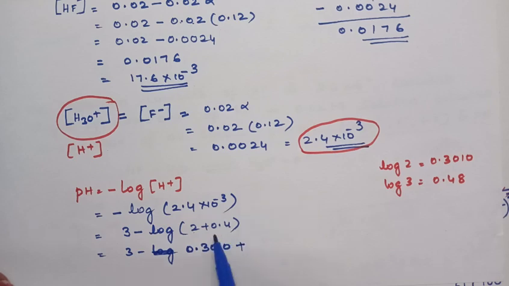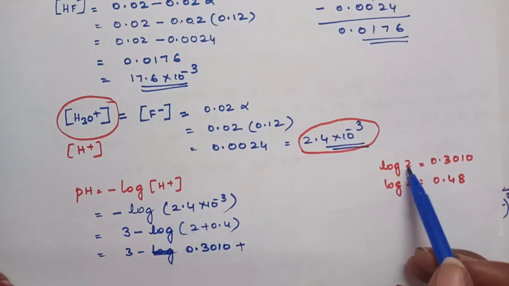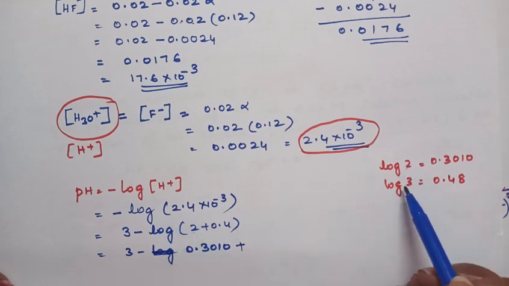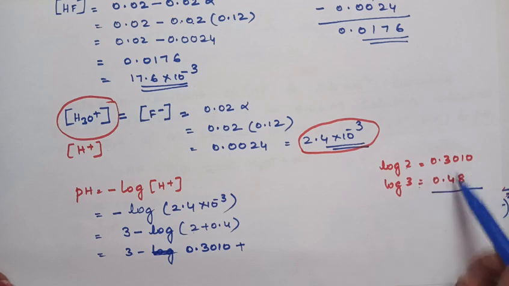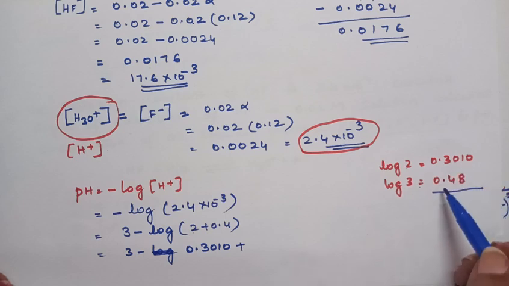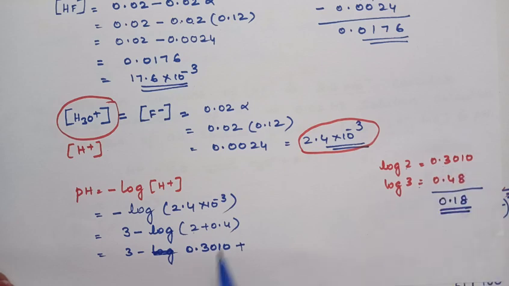For 0.4, note that 2.4 comes in between log 2 and log 3, so you have to subtract these two values. If you subtract them, 0.48 minus 0.30, you will get 0.18. This value we have to multiply with 0.4, so 0.4 into 0.18.